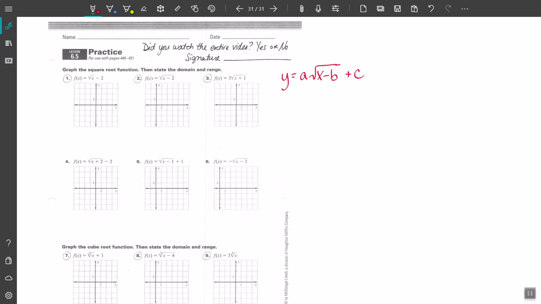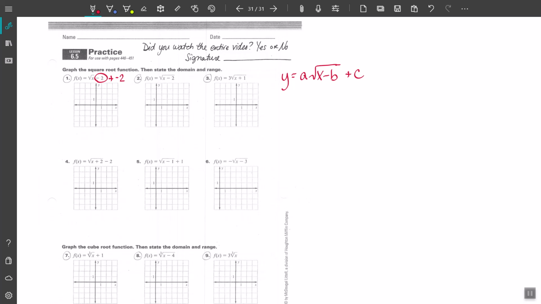If we look at number 1, we can see that we don't have any horizontal shift to the right or left because we just have an x right there underneath the square root symbol, but we do have a -2. But this actually needs to be rewritten as a sum because the formula states that it has to be plus C. So if we rewrite that as a sum, then we can see that we will have plus a -2.